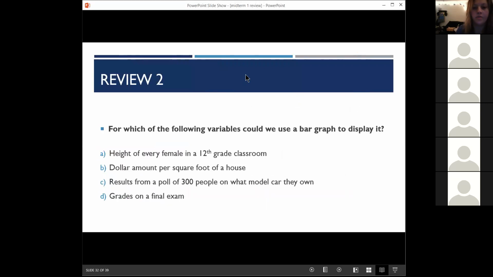All right, number 2. Which of the following variables could we use a bar graph to display? Let me know what you think about this one.